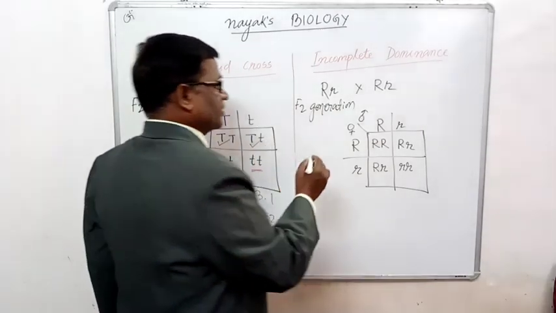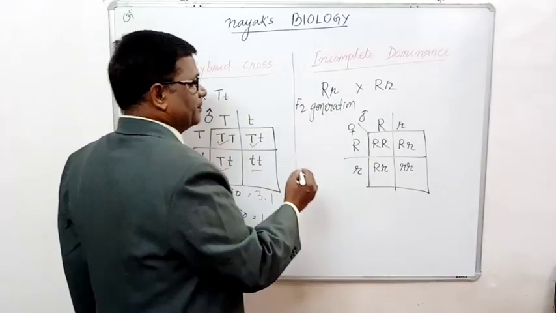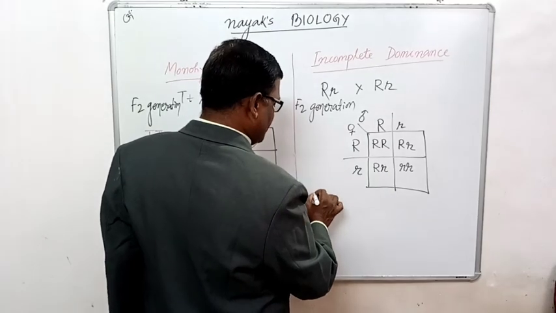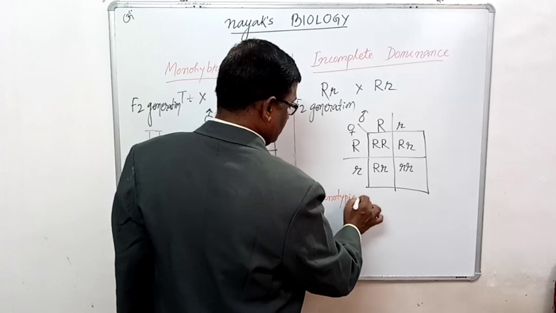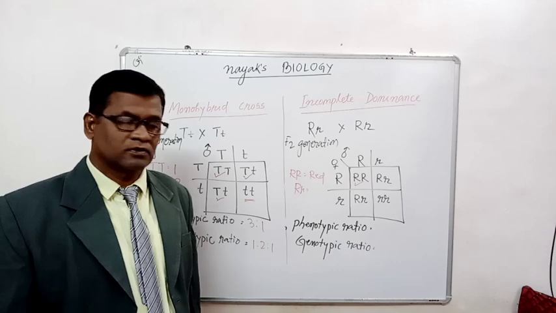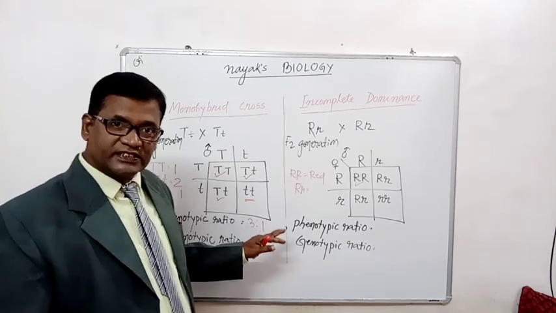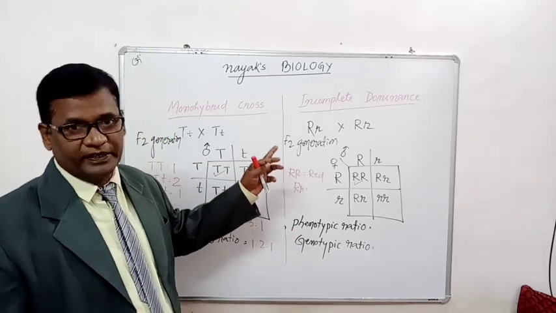Now we will discuss the phenotypic ratio and genotypic ratio of incomplete dominance.